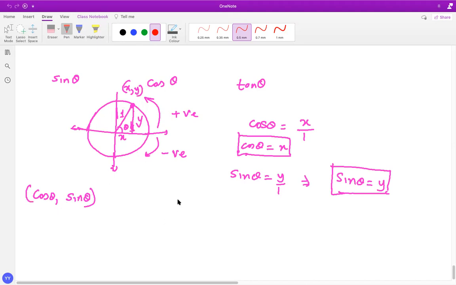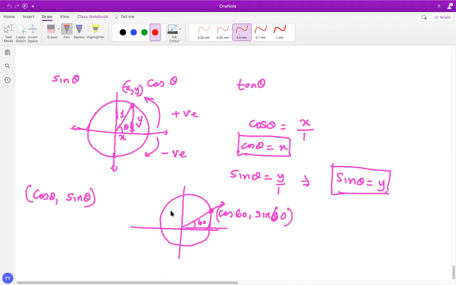For example, if there is an angle of 60 degrees along the unit circle, the coordinate of this point will be cos 60 comma sine 60. So this is the basic idea of the unit circle.